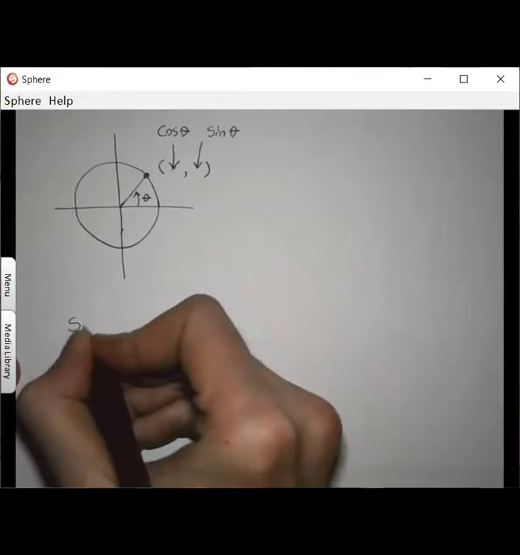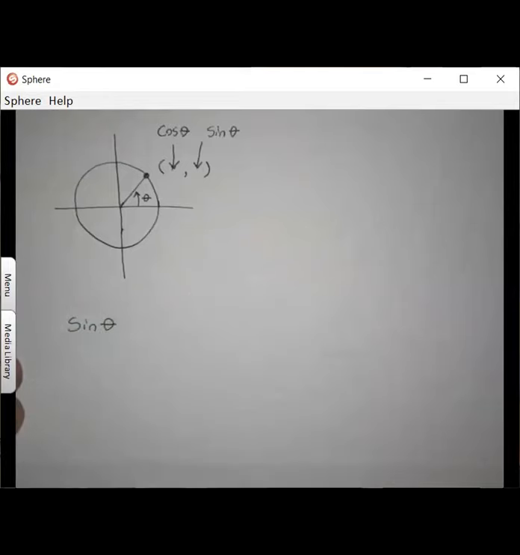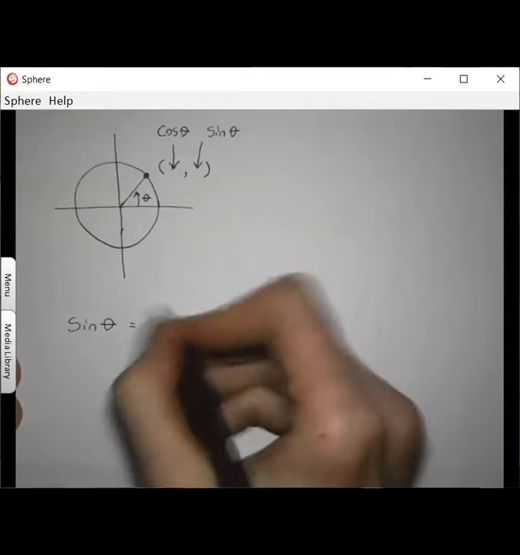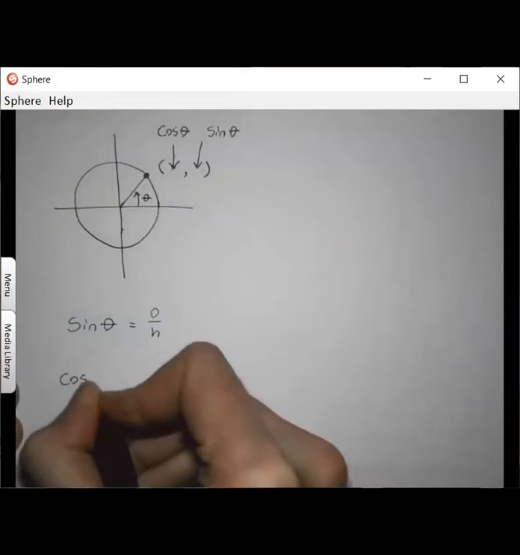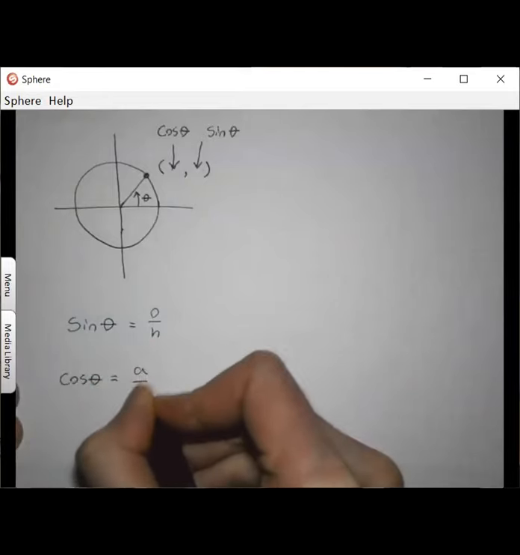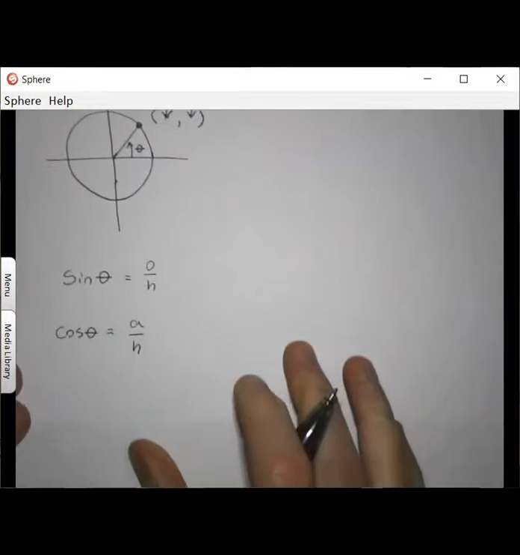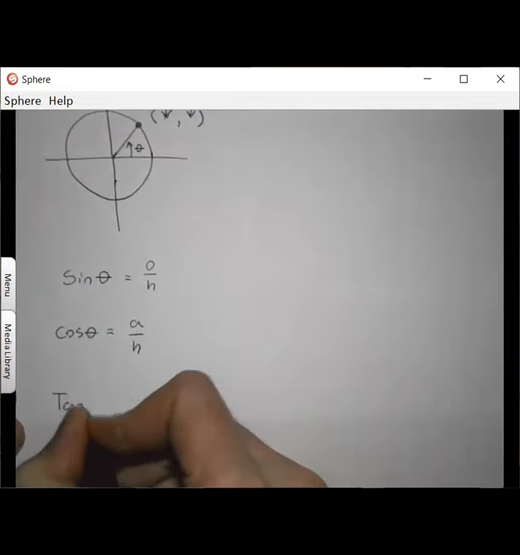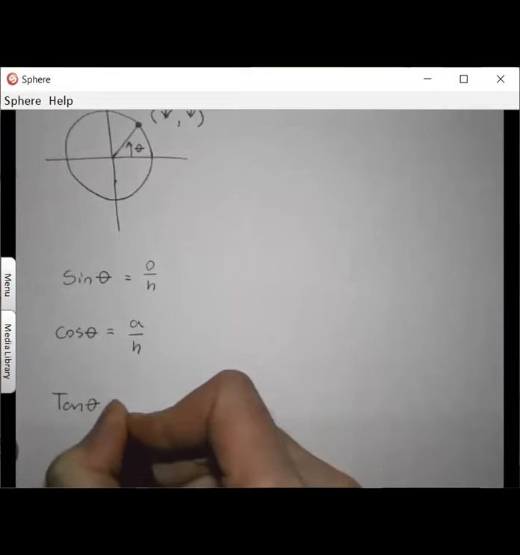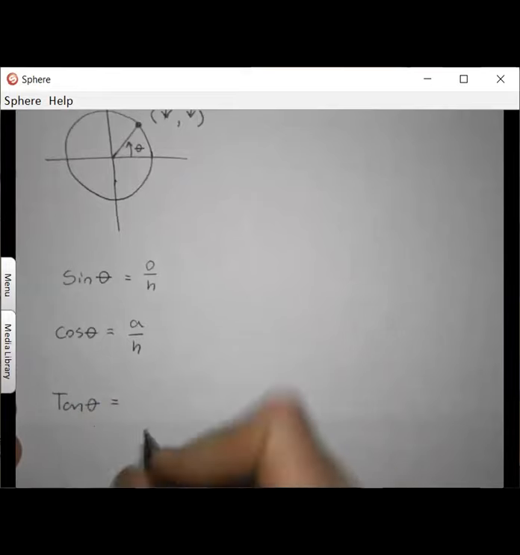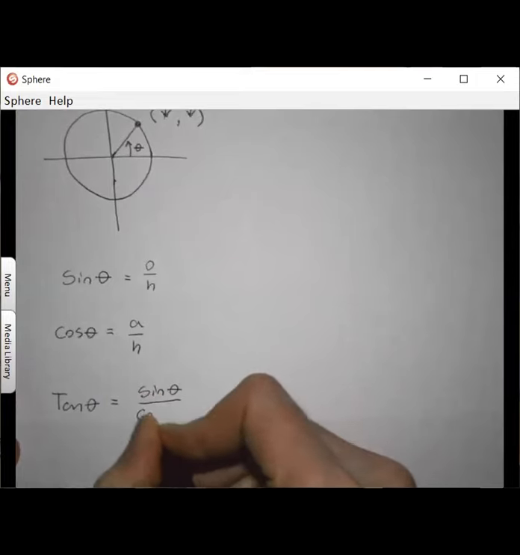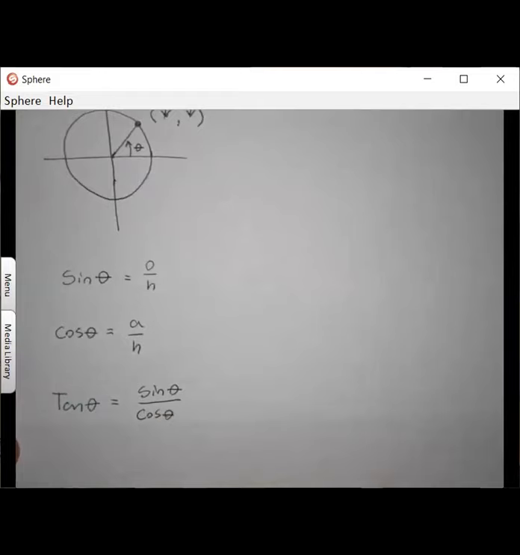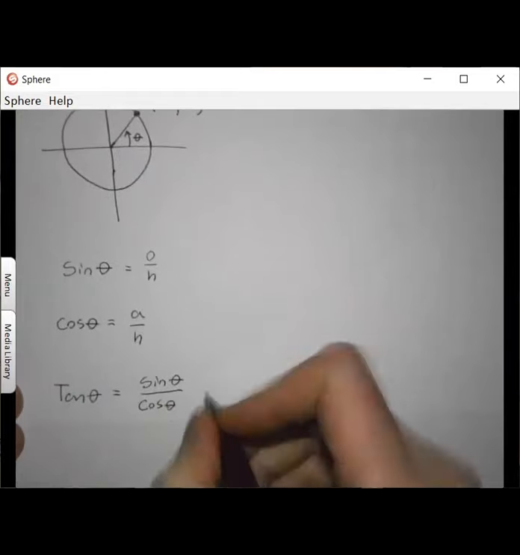some relationships with the trig functions. So remember, sine is opposite over hypotenuse. Cosine is adjacent over hypotenuse. Now tangent, well, we know what tangent is, but I'm going to tell you something else about it. Tangent is also sine over cosine, and we can show this really quick.